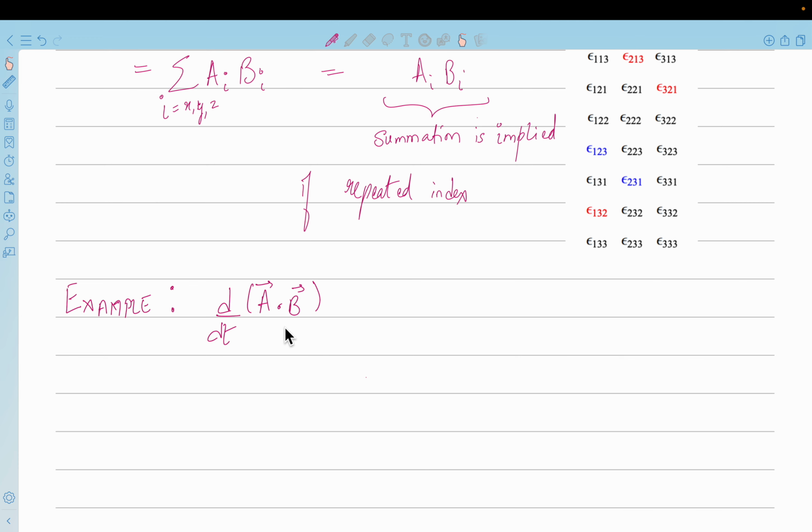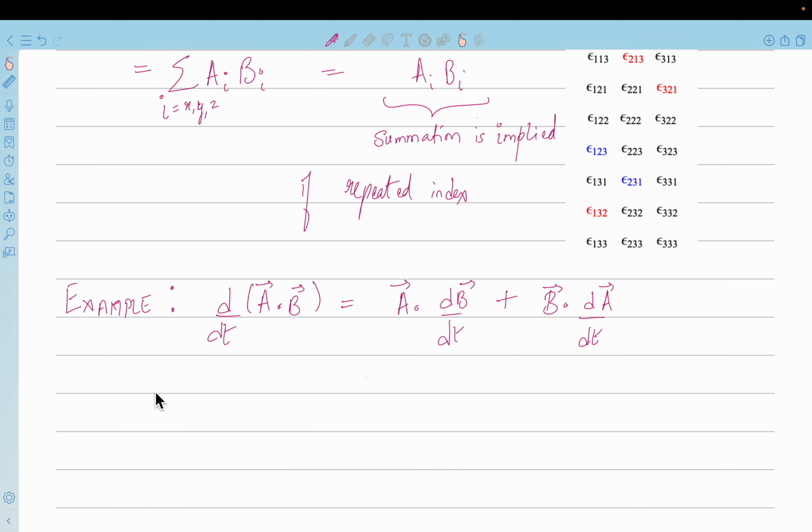So this is a scalar quantity and we are taking the derivative of that. Now the vector identity states that this is equal to A dot d by dt of the B vector plus B dot d by dt of the A vector.